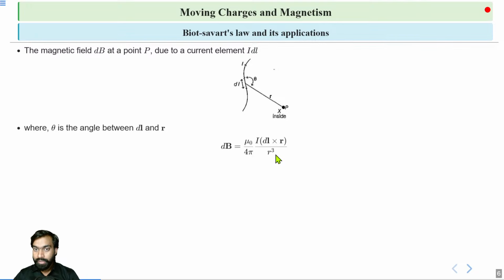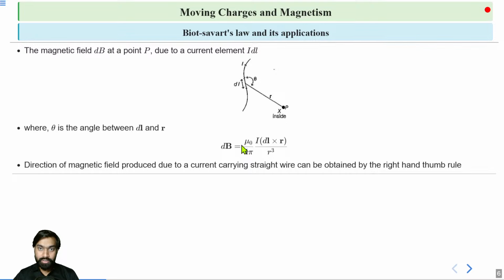Here mu naught is the permeability of free space, and the important point is that the cross sign represents the cross product, which means the magnetic field is perpendicular to both dl and r, and r cube in the denominator shows the magnetic field decreases with the cube of the distance.